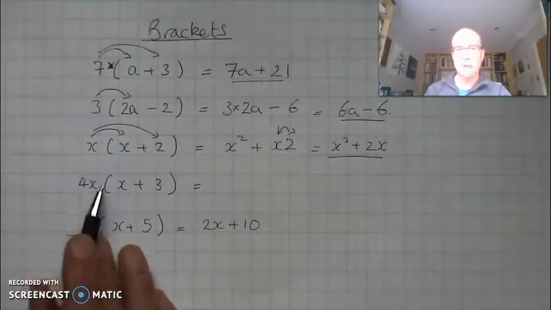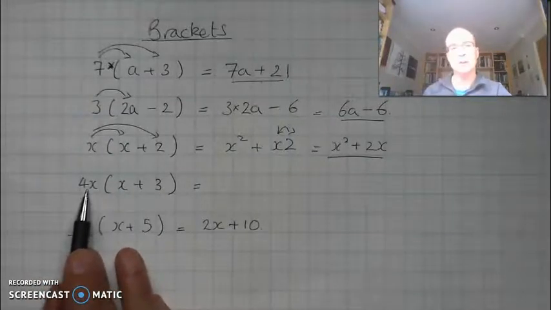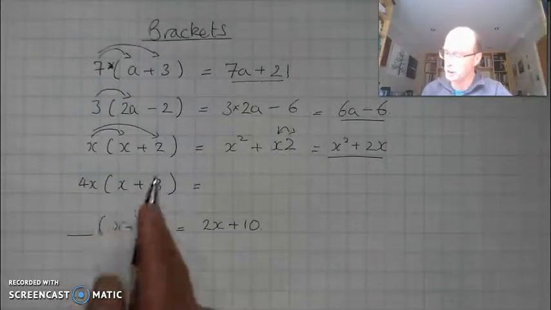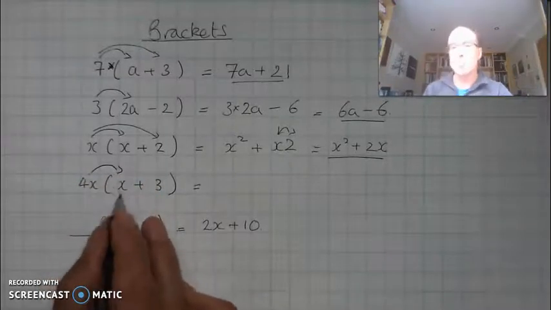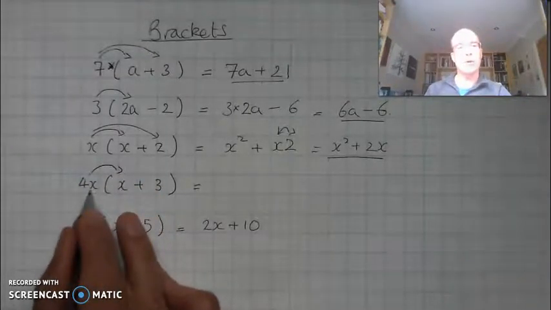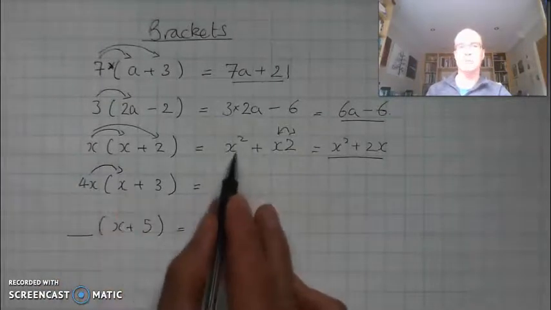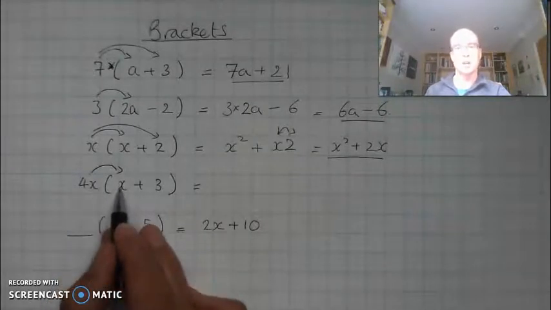Let's have a look at the next one. So we've got 4x times x plus 3. So I'm going to take my 4x and I'm going to multiply it by the first thing that I've got inside my brackets. So I'm going to multiply my 4x by my x. Well, I know what x lots of x is. We've just done that up here. x times x was x squared. And this time I've got 4 lots of x times x.